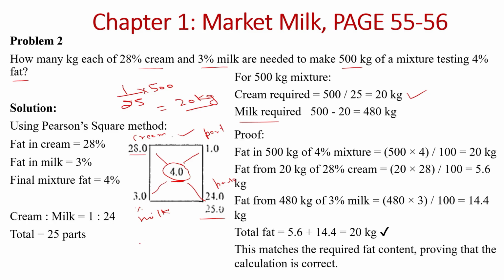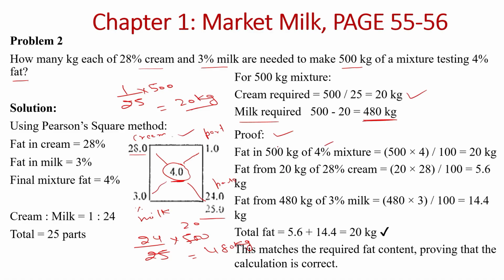And how much milk is required, that will be equal to 24 divided by 25 into 500, that is equal to 480 kg. This can be calculated by the subtraction method also. 500 minus 20, that will be the remaining for milk, that is 480 kg of milk to be mixed and 20 kg of cream to be mixed to have 500 kg of 4% fat milk. Okay, so we can check here also whether our calculations are correct or not.